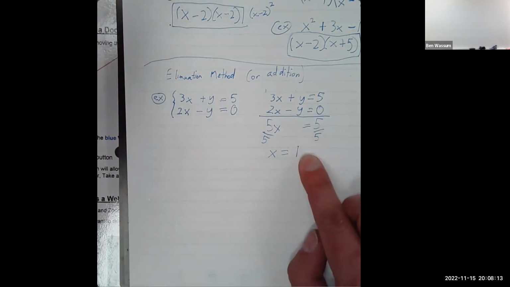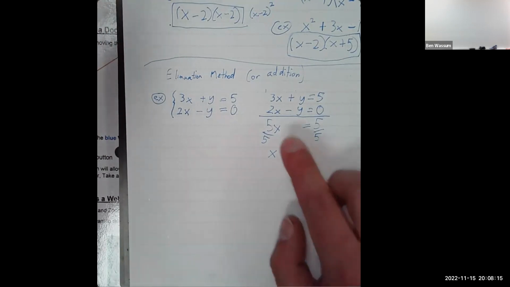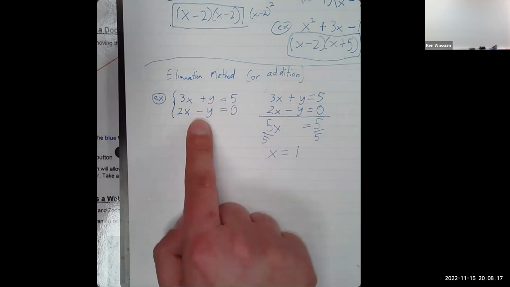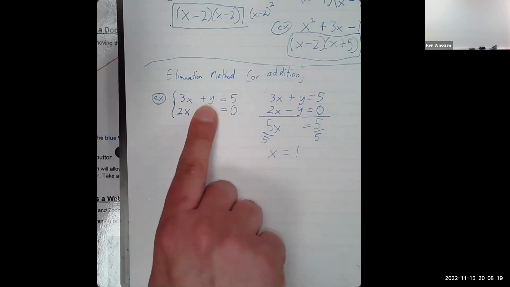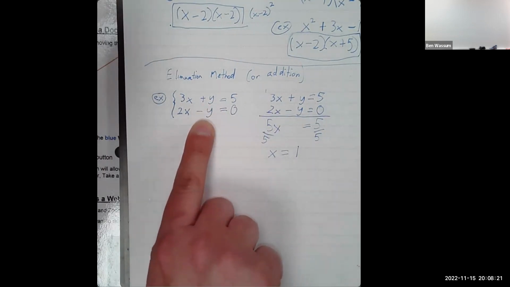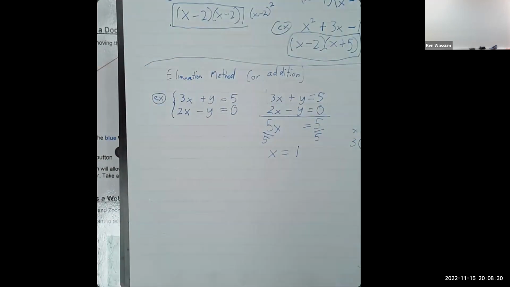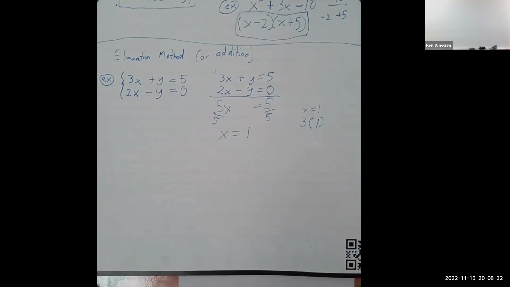So we have our x, we need our y. You pick one of these to solve for y. I'm going to pick this top one because it has a positive y, and I don't want to deal with that. So I'm going to have 3 times, well, x is 1. I'm going to write x equals 1 above this, just so I can remember that this is where I'm substituting that in.